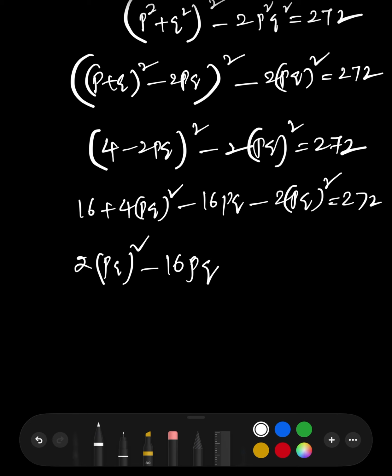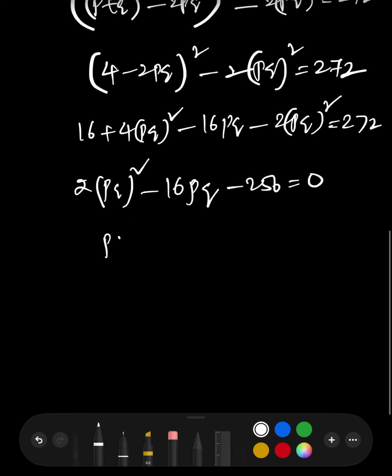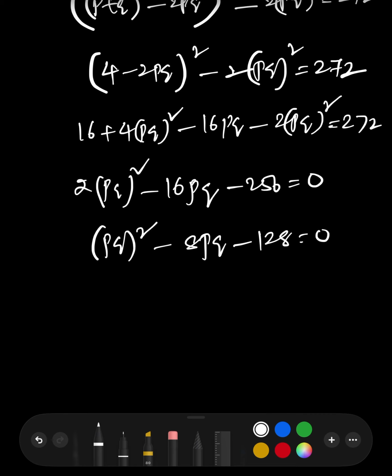Then it is 16 plus 4 (PQ) whole square minus 16 PQ minus 2 (PQ) whole square equal to 272. Then it is 2 (PQ) whole square minus 16 PQ equal to 272 minus 16, that is 256. So 2 (PQ) whole square minus 16 PQ minus 256 equal to 0. Dividing by 2, we get (PQ) whole square minus 8 PQ minus 128 equal to 0.